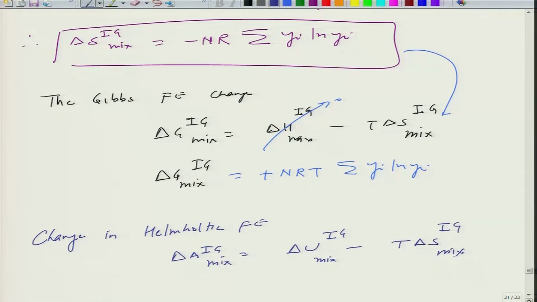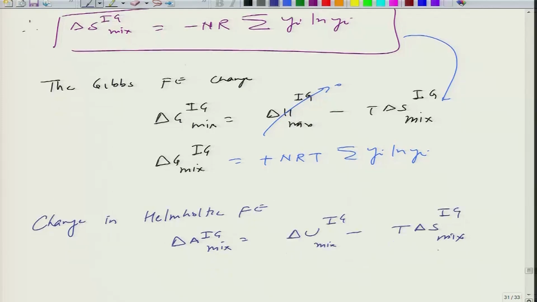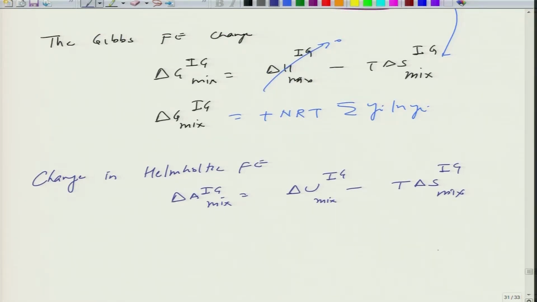That is the beauty of thermodynamics: the relations remain the same, only you are concerned now with the change of the individual properties. Here, of course, delta U is going to be 0 and this is still minus. You plug in the same expression, you get again nRT summation y_i ln y_i. So, the change in the Helmholtz free energy and the Gibbs free energy for the ideal gas mixtures is the same.